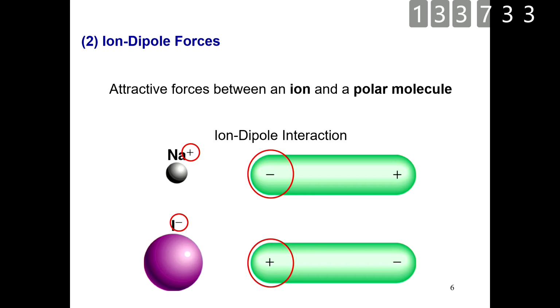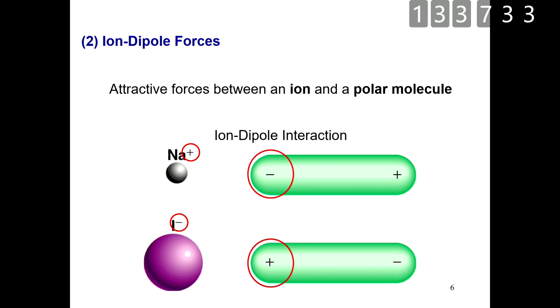The metal ion has positive charge. An ion like a fluoride ion has negative charge. So between an ion and the polar molecules, they will form ion-dipole forces.